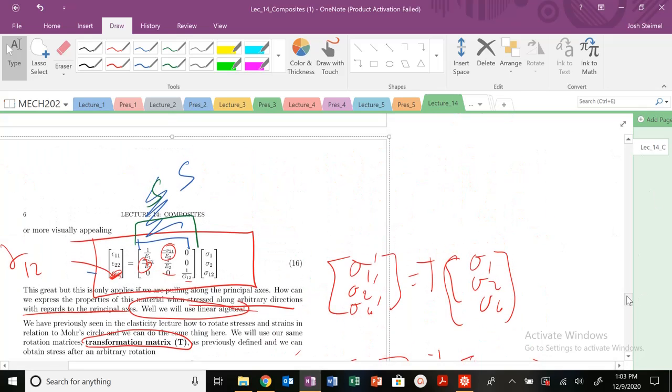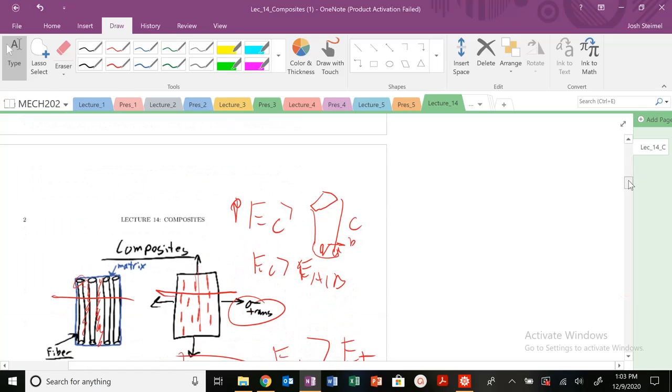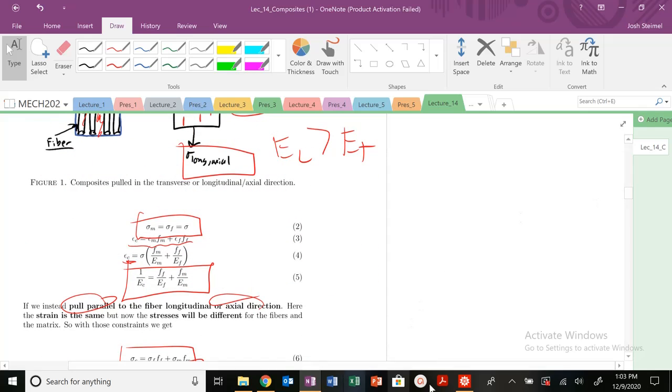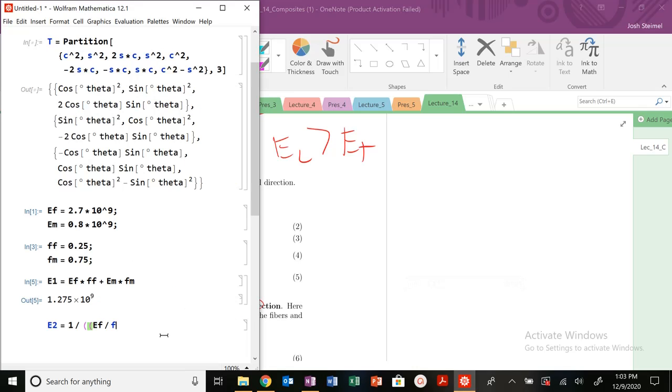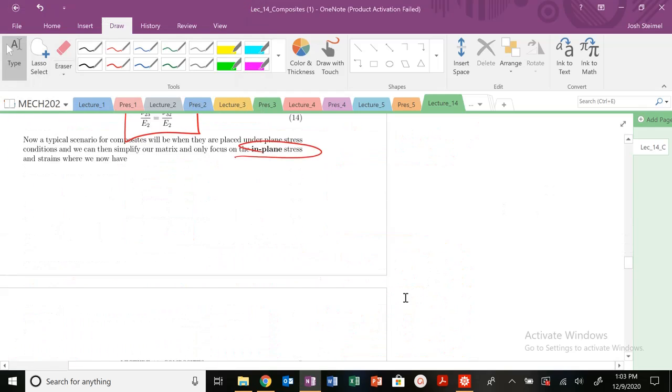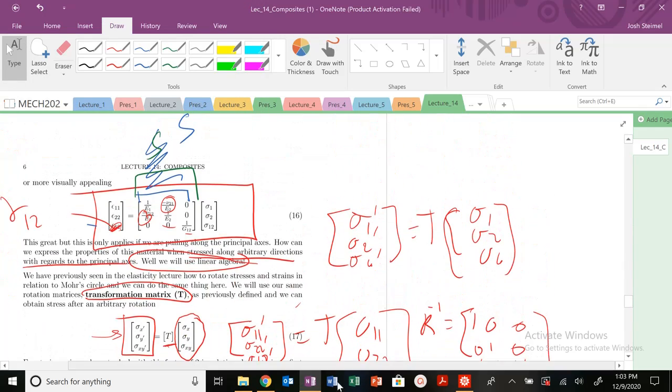Looking back at this expression for the transverse direction of the composite versus the fiber direction: 1 over fraction of the fiber divided by E of F, plus fraction of matrix divided by E of matrix. We can see the smaller Young's modulus makes sense: stiffer along the fiber direction, not transverse. We're going to come back to this because we'll need it in just a second.